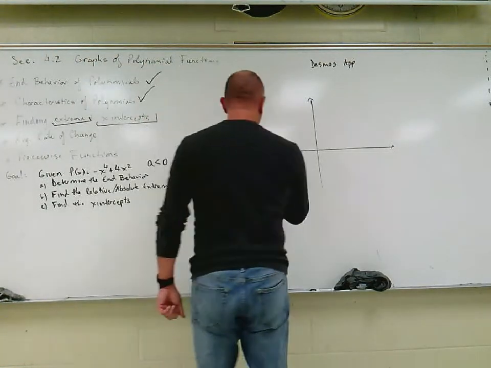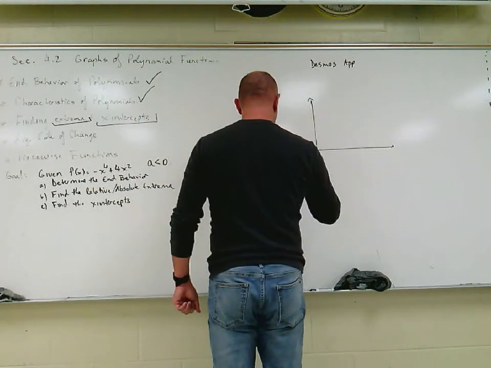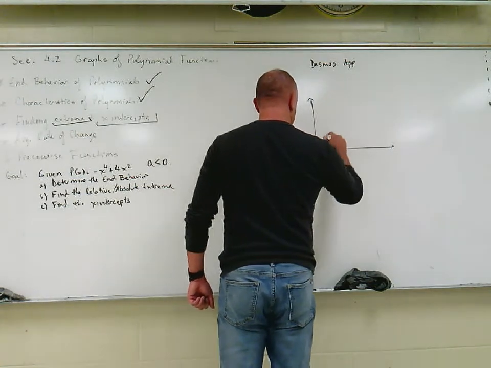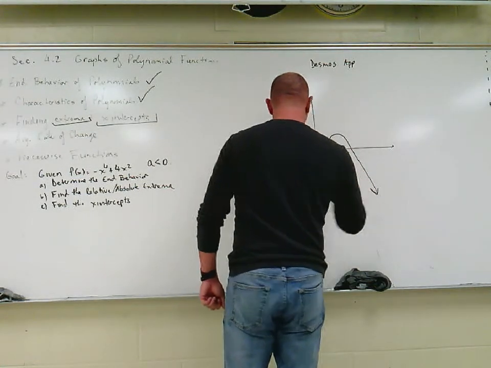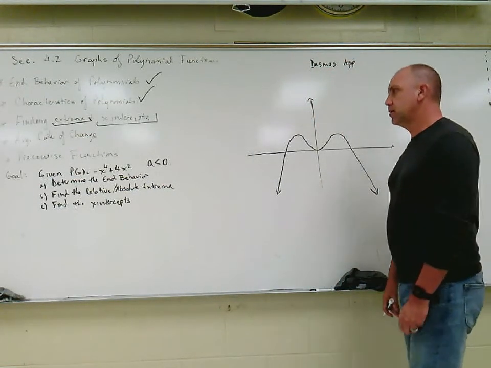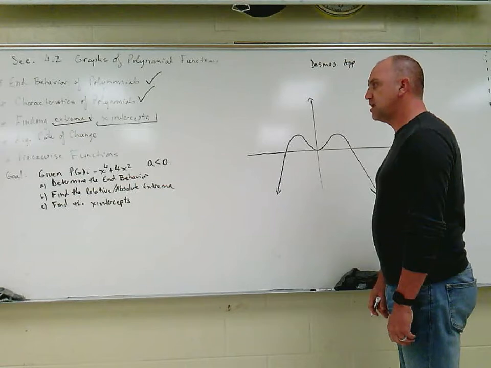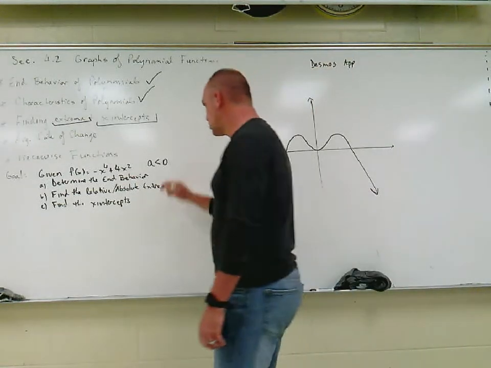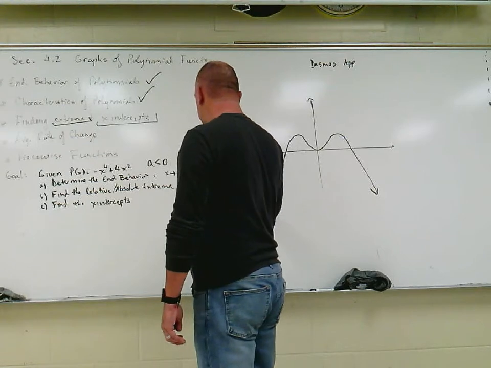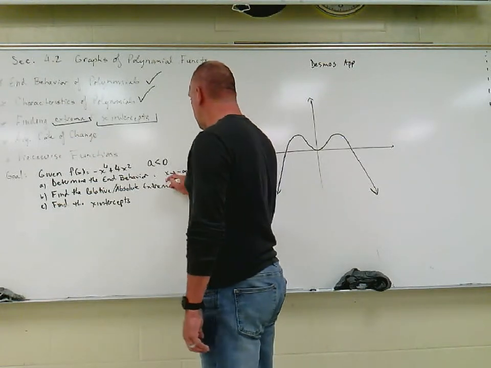All right, so I'm at least going to draw what you should see on your calculator. You should see that, right? So what's the end behavior? As x goes to negative infinity, or as x goes to infinity, what do the y's do?